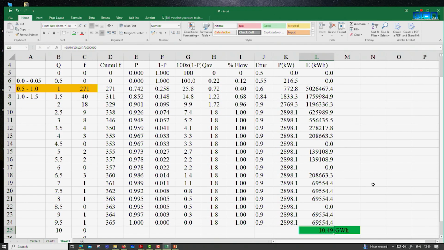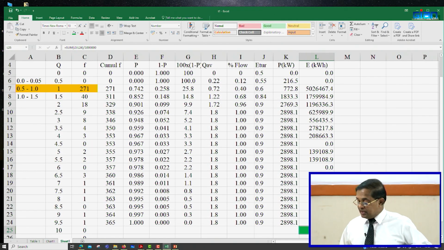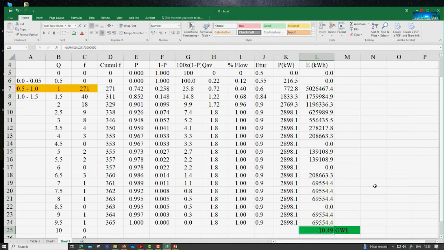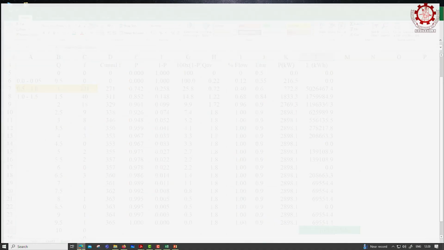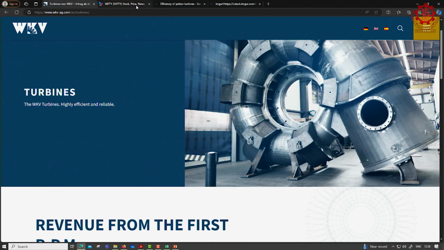Now, here we assume only the turbine efficiency is changing from full load to no load, but for transformers and for generators also there will be a variation. So, if you want, you can accommodate that also, you can look for a generator efficiency curve. You can see whether anything is available.